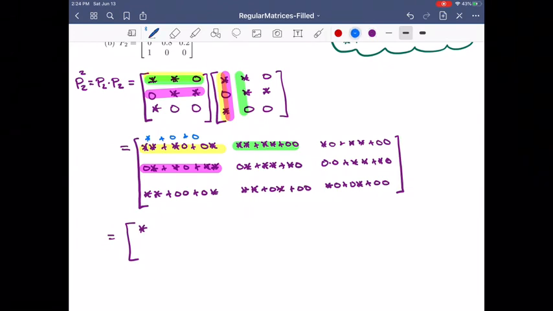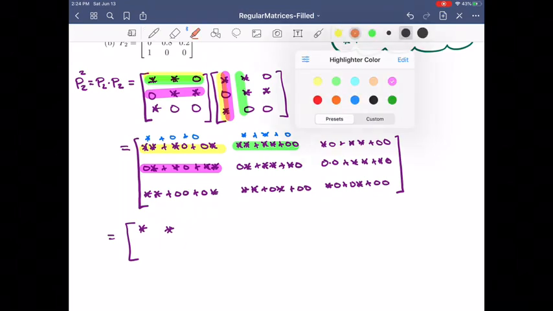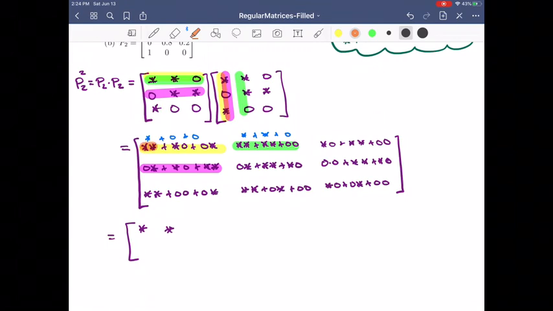Okay, in the next one, I have a star plus a 0. So again, I'm getting star. Basically, all you need to do is look for 2 stars. Okay, if you hit 2 stars, then you know you're going to get a star because you're going to be adding a star at some point.